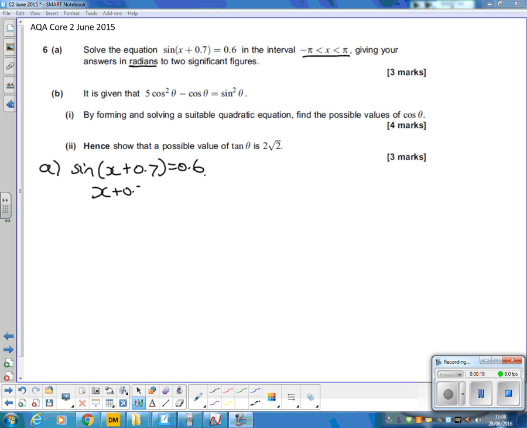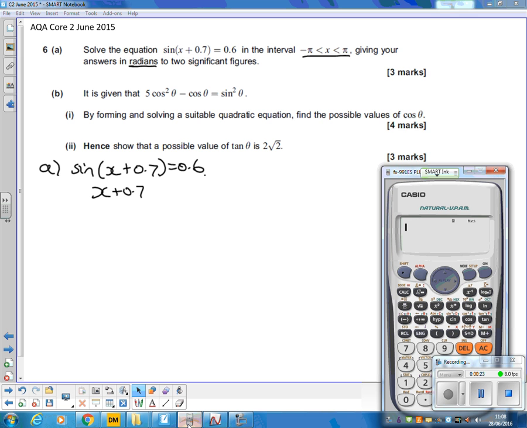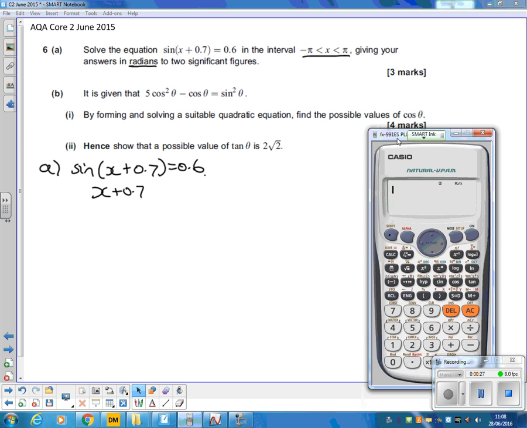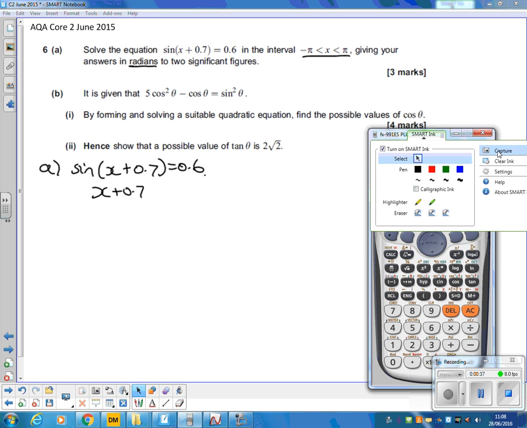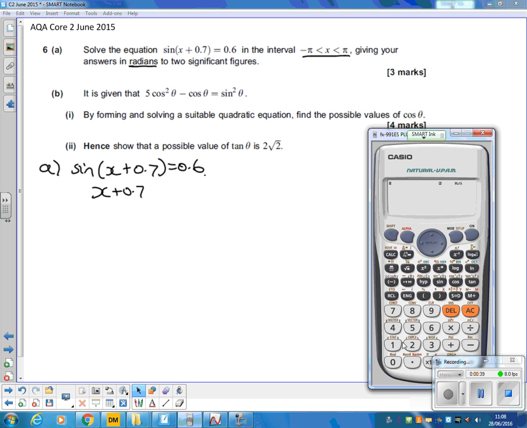Okay, so the first thing, you see it's x plus 0.7 in brackets. So the first thing we're going to do is do the inverse sine. Now make sure your calculator's in radians mode. Make sure it's got a little r in the top of the calculator. And then we can just do inverse sine of 0.6.